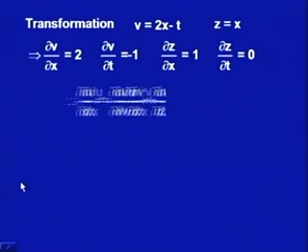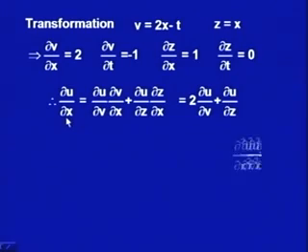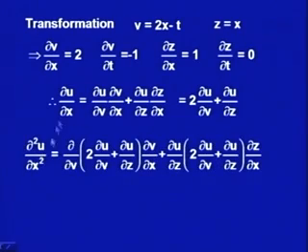Now, using the chain rule, we can write ∂u/∂x = ∂u/∂v · ∂v/∂x + ∂u/∂z · ∂z/∂x. Now, substitute ∂v/∂x and ∂z/∂x over here. What we get is 2 ∂u/∂v + ∂u/∂z. Now, find the second derivative, that is the derivative of ∂u/∂x.